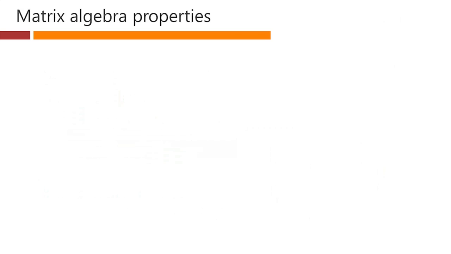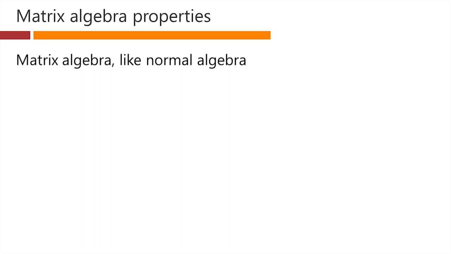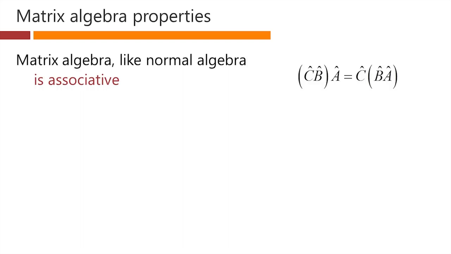Matrix algebra has many similar properties to the algebra of ordinary numbers, and one very important difference. So, first of all, matrix algebra, like normal algebra, is associative. So it does not matter where I put the parentheses here, whether I put them around the C and the B or around the B and the A. That is, I could multiply C and B together and then have them multiply A, or I could multiply B and A together and then multiply C by that result.